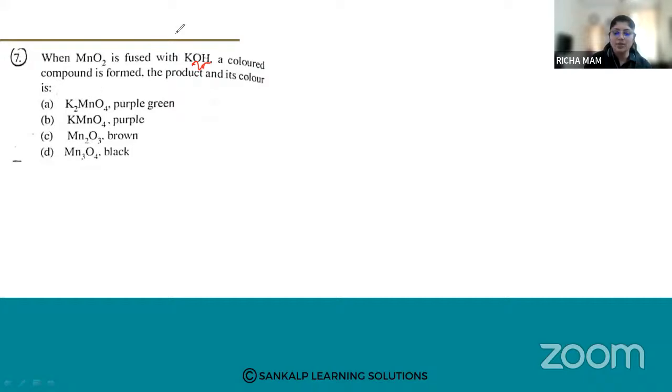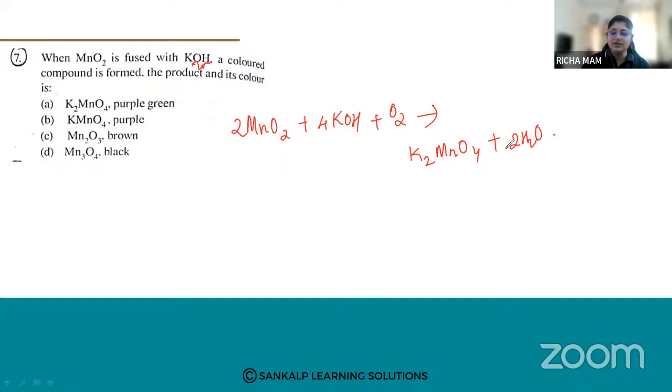So when MnO2 is fused with KOH, this is the first step. In excess of air, we get K2MnO4, which is purple green in color. Mn in alkaline medium is +6.